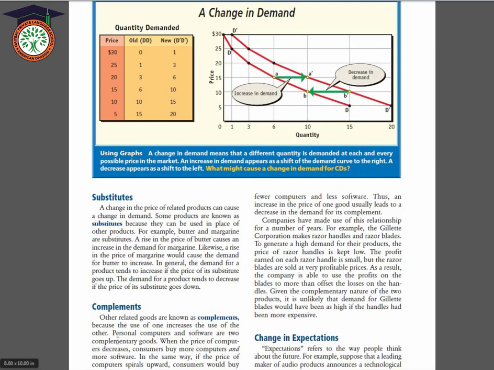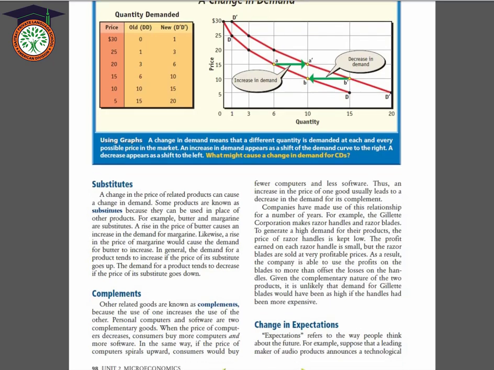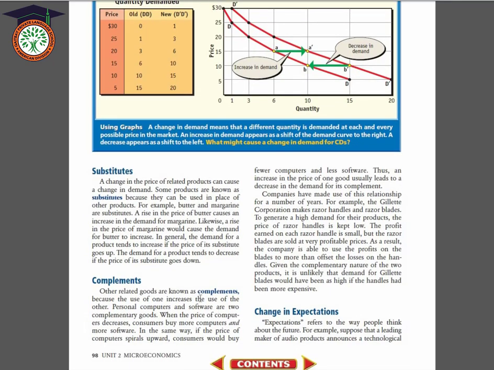Here is another example: personal computers and software are two complementary goods. When the price of the computers decreases, consumers are going to buy the computers, and they are going to buy more software also, because you can't have a computer without software.